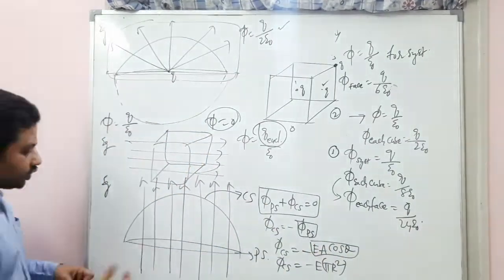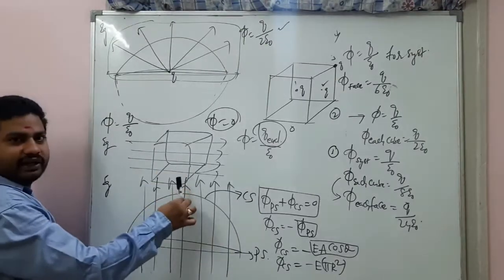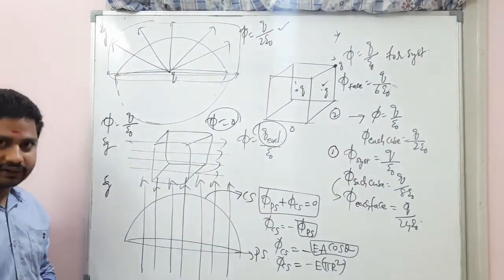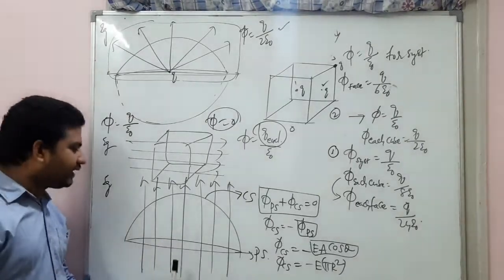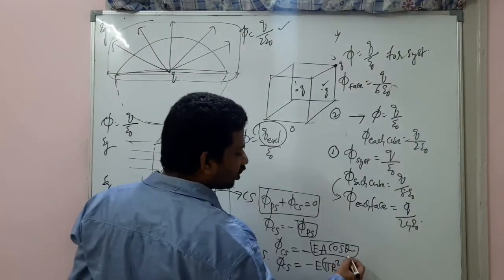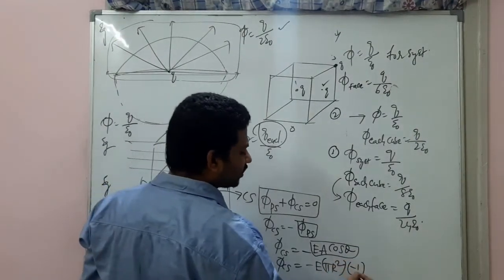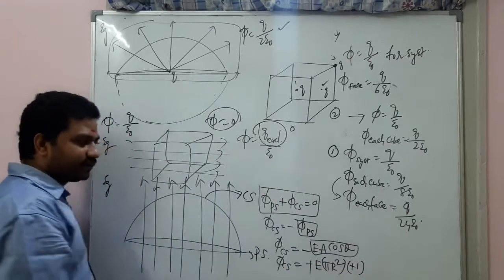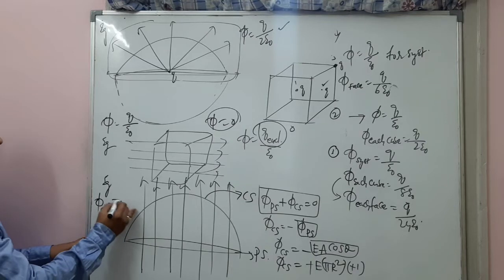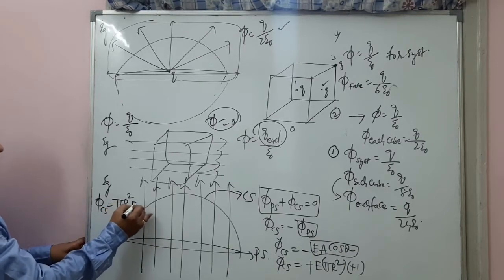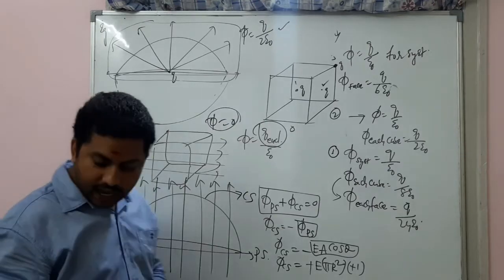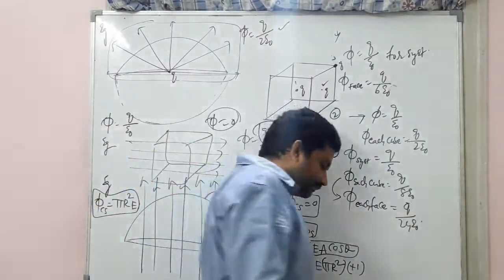Field lines are moving like this, and the area vector will be downwards, as we discussed about the area vector in the last class. So in this case it is cos 180, and cos 180 is minus 1. Minus cancels. What is the answer? The electric flux linked with the curved surface is pi r square E. Alright.